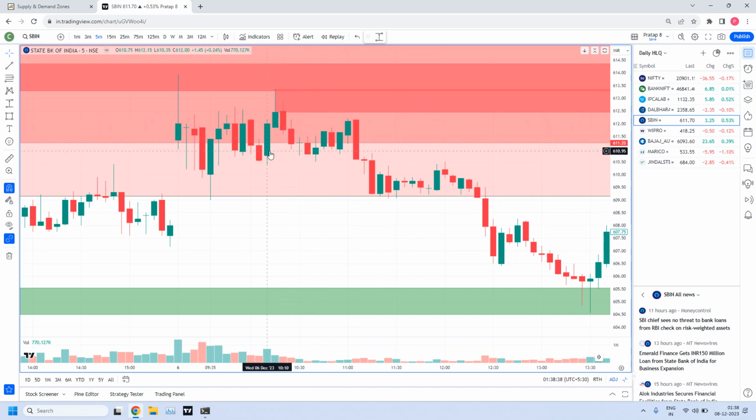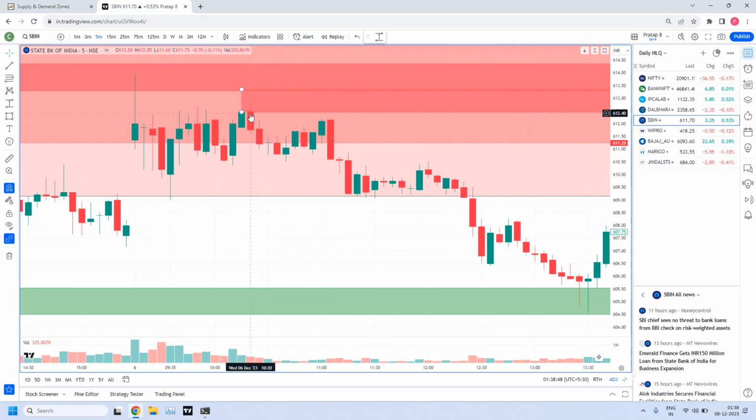You mainly focus on what is leg in, what is base, what is leg out. Follow through candle, you don't consider at all, or most of the times. But in advanced learning, if your leg out is not great, always look into the next candle. If that is a follow through candle, definitely consider the previous candle as a leg out, even though that is not a great leg out candle.